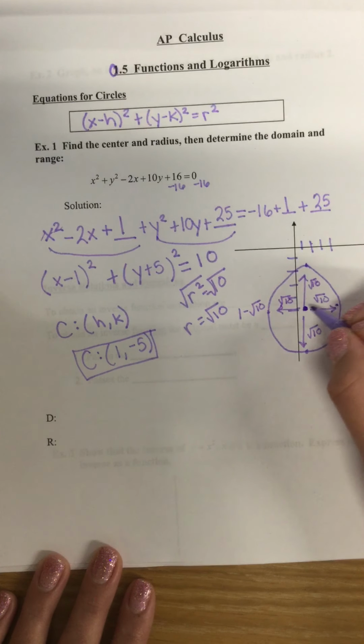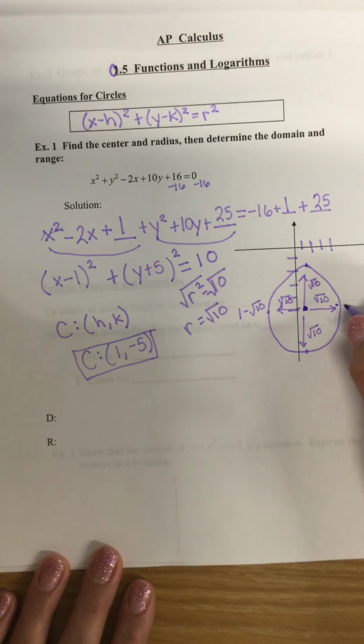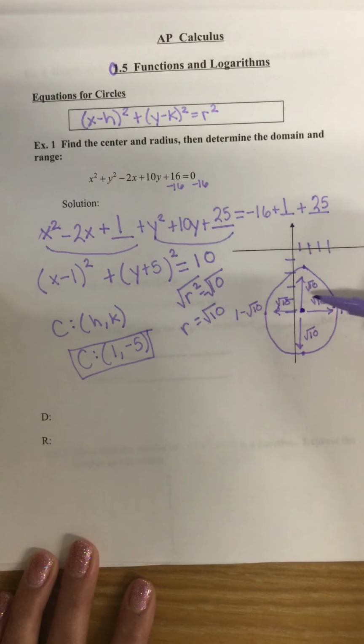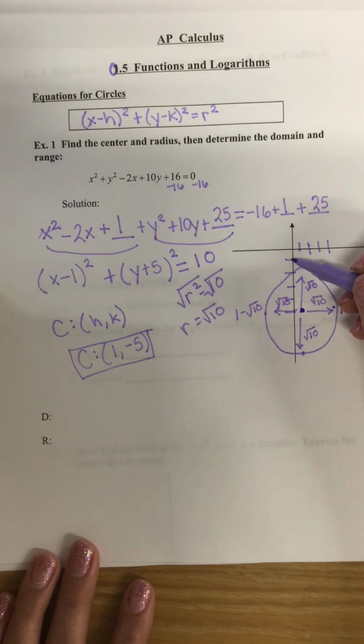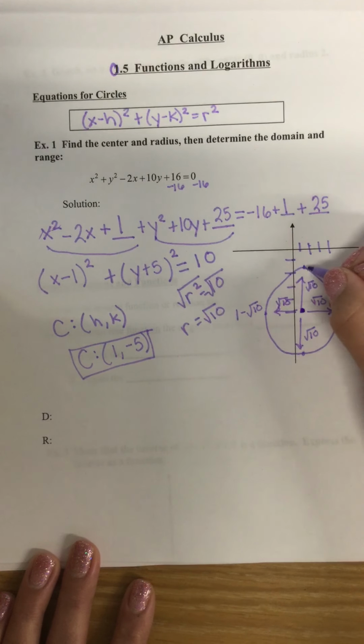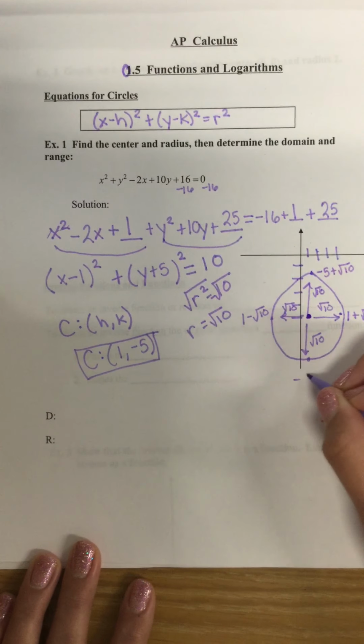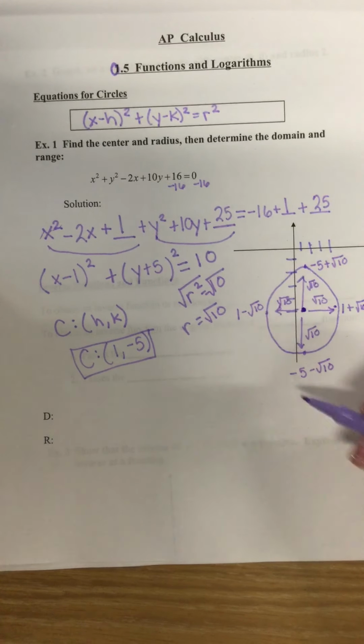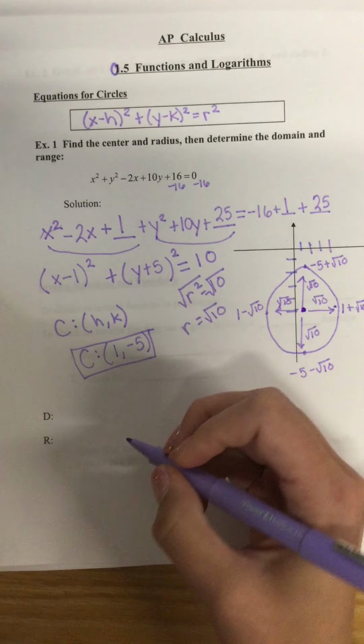And over here, we're starting at 1 for our domain as well, so this would be 1 plus square root 10. If we're going up, where are we starting on our y-axis? 1, 2, 3, 4, 5, we're at negative 5. So this one would be negative 5 plus square root 10, and this one would be negative 5 minus square root 10. We're just starting with where we're at and then moving with our radius.